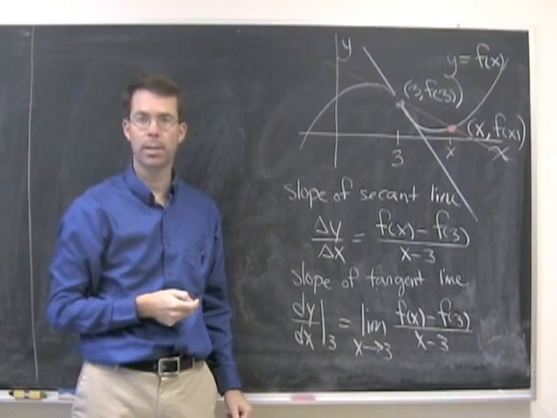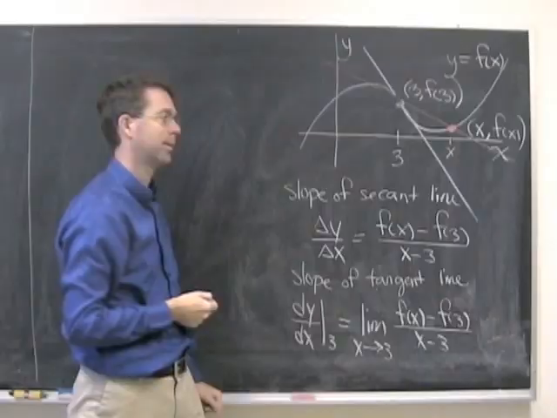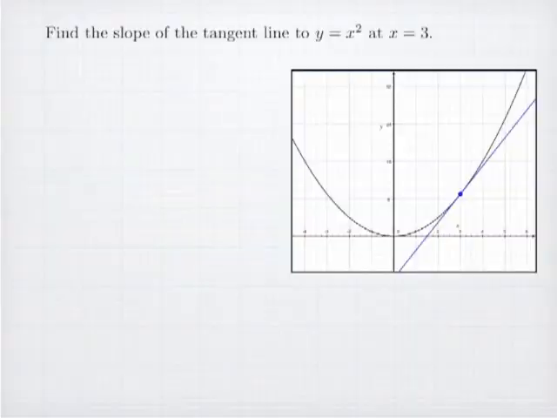Let's take a look at some examples. All right, to illustrate taking a derivative, here's our first example. We think of the function y equals x squared. We want to find the slope at x equals 3, so that's the slope of the tangent line. In our picture, we have the tangent line at x equals 3 shown in the blue line.